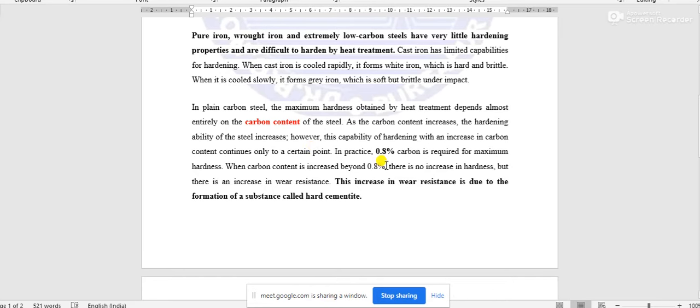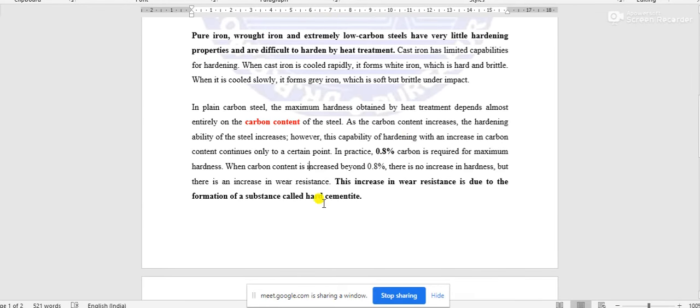But this 0.8% amount of carbon is the optimum amount of carbon. After that, if we continue to increase the carbon amount beyond 0.8%, then the hardness of steel will not be increased.